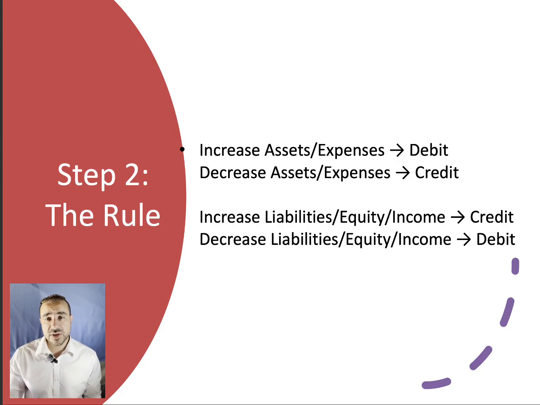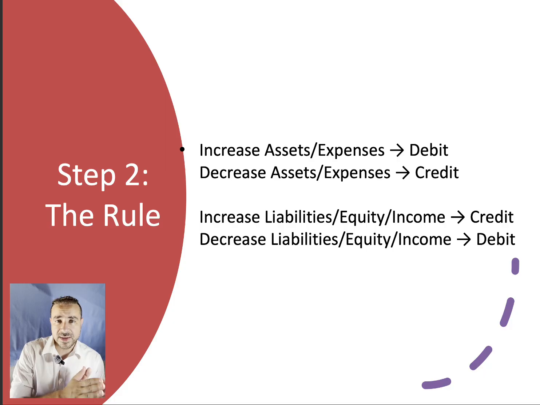By mastering this table, you will be able to book any journal entry. Again, on the debit side we put the assets and expenses. If you want to increase them in the journal entry, you put them in the debit side. If you want to decrease them, you put them in the credit side.